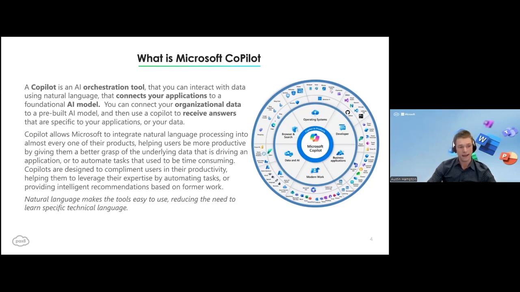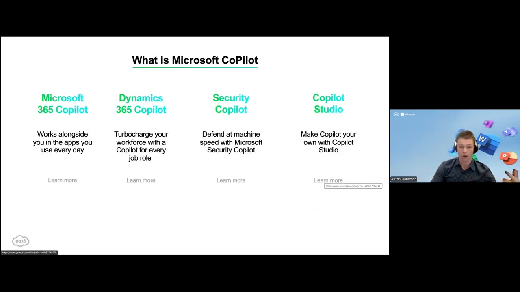And at the very edge of this wheel, we see all the individual products that Copilot has an integration with. So when we're thinking about Copilot, we're really just thinking about a new way for users to interact with data. And the data source is going to ultimately determine the Copilot product.